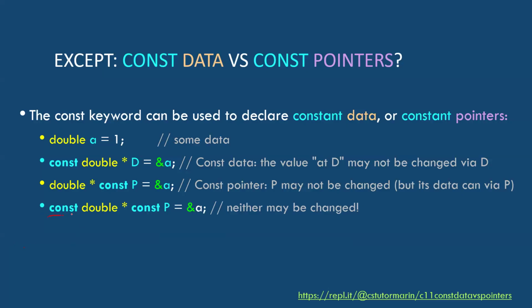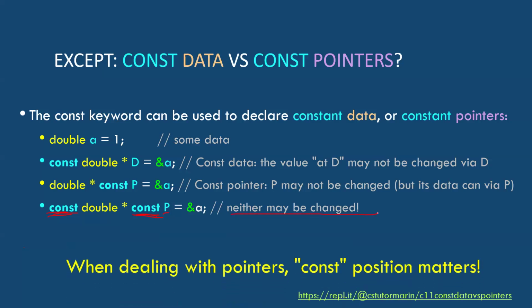This one has got all your bases covered. This pointer P can no longer be used to change the data, and it can't even be redirected to point to something else. So that's kind of a rare animal. People don't do that too much. But basically, the moral of the story is if you're working with pointers, where you put the const becomes very important, and it all is relative to the star.